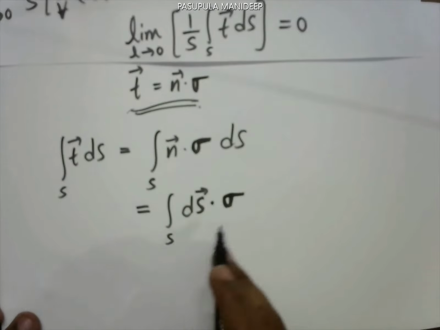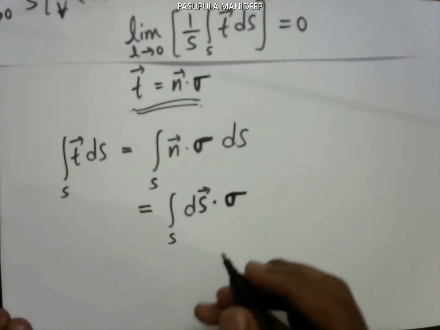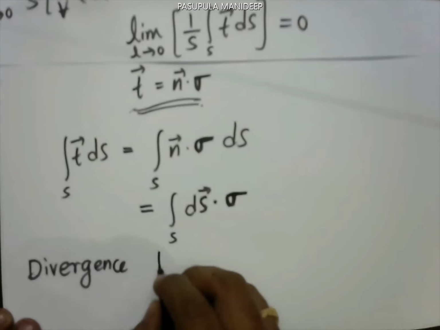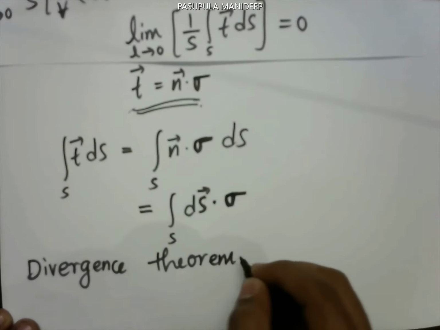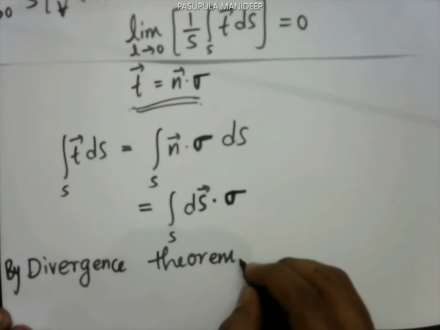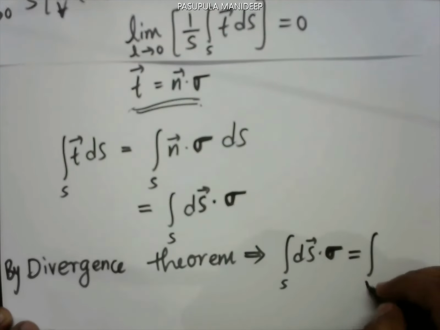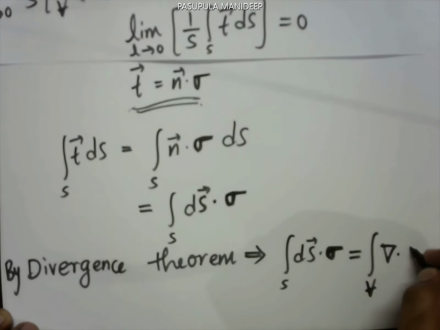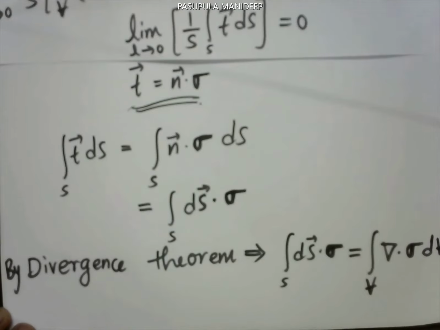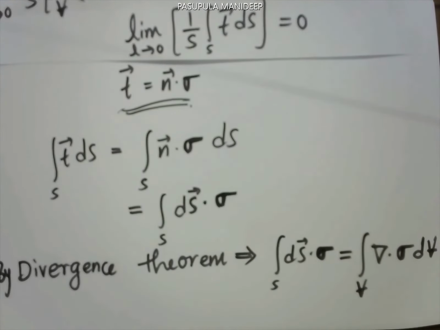So when I change this into volume integral, by divergence theorem, integral S ds bar dot sigma can be written as volume integral of grad dot sigma dv, right?